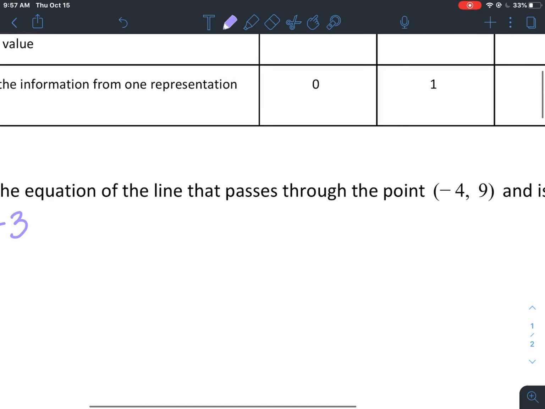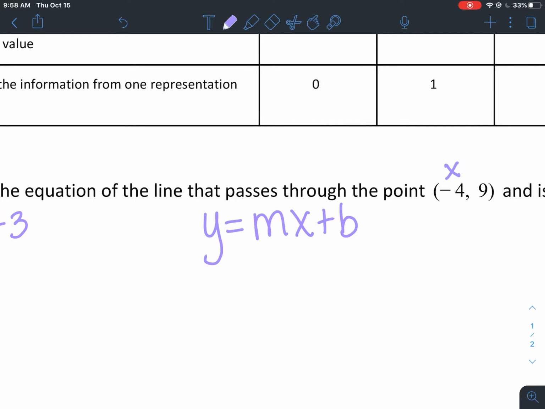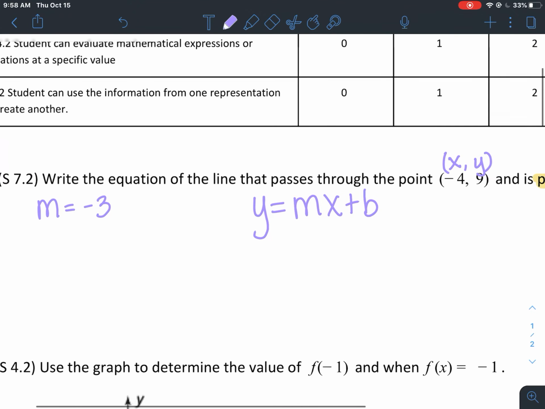And remember, we want y equals mx plus b. We don't know what the b value, or the y-intercept, is, but we do know an x value and a y value. So we're going to plug in the x value, the y value, and the slope into the y equals mx plus b equation.